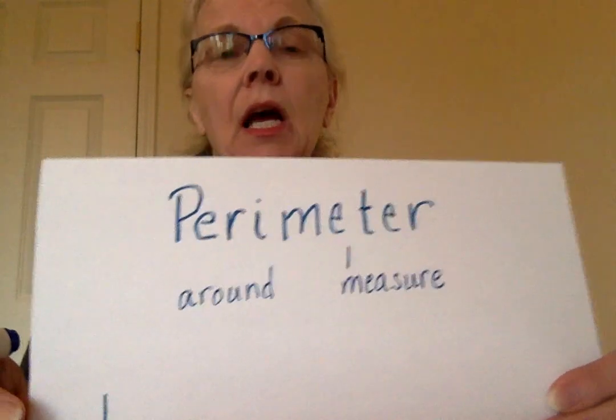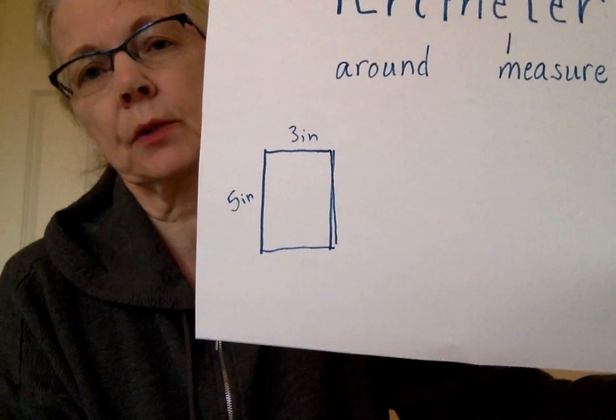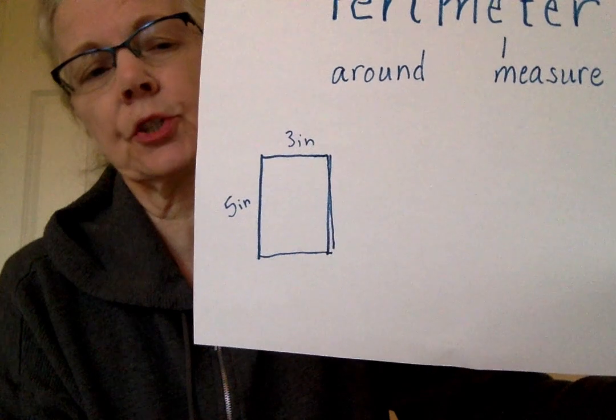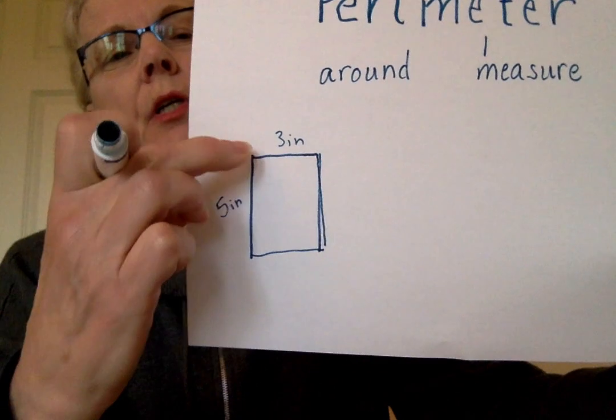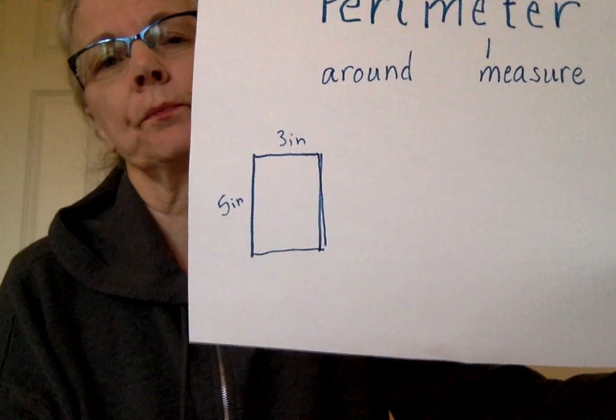So for instance, I have a picture that I want to frame, and my picture is 5 inches by 3 inches. And I want to go to the craft store and get some ribbon to go around the outside edge of my picture. So my picture, 5 inches here, 3 inches here.